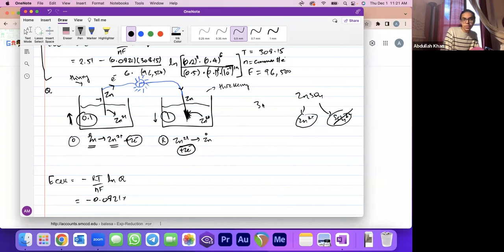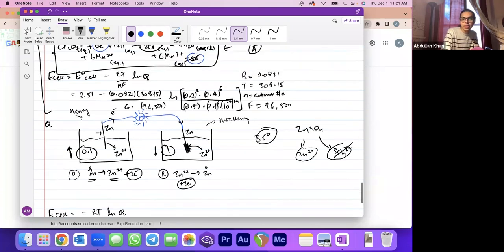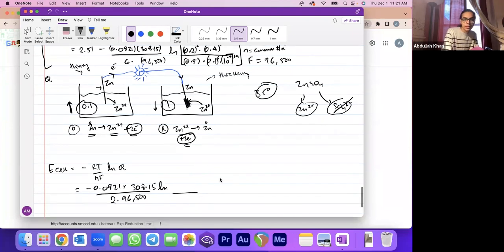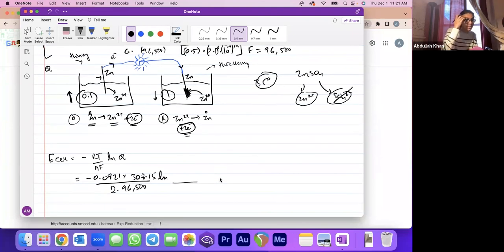Let's say this is also at 35 degrees Celsius, which was what, 308.15 in Kelvin. What's the common number of electrons? 2 and 2. It's 2, 96,500. When it comes to Q, things become a little confusing.